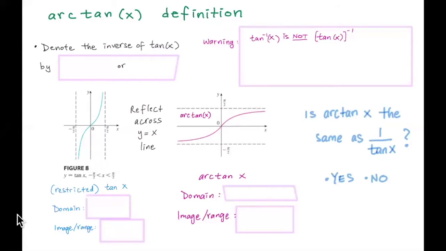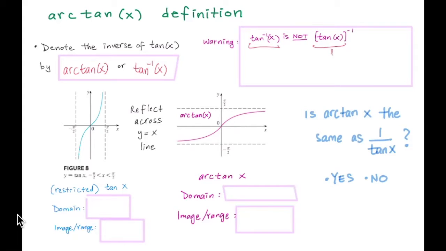The notation for the inverse function of tangent is arctangent. Another notation that is often used is tan to the -1 of x, but this can be confusing. So these two are not the same.